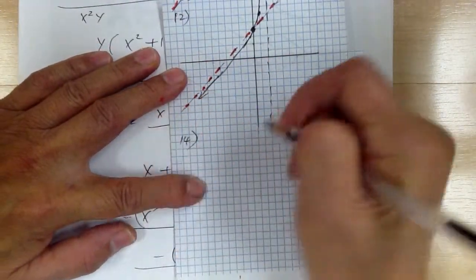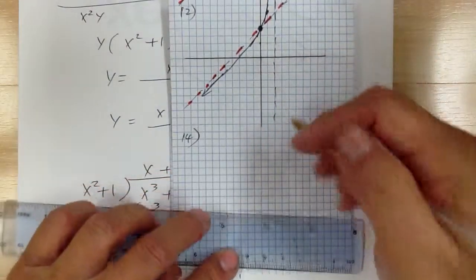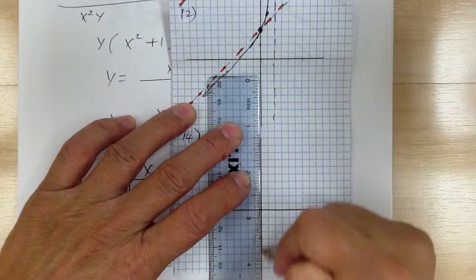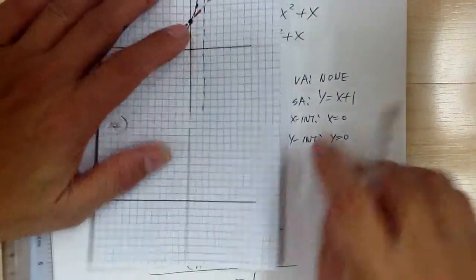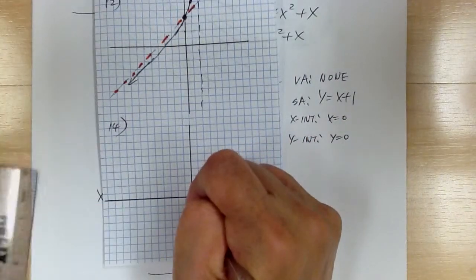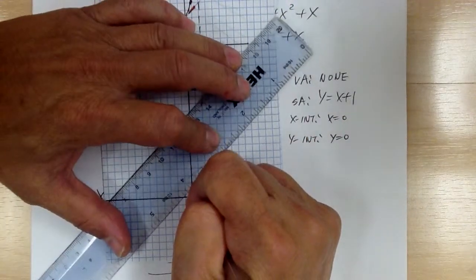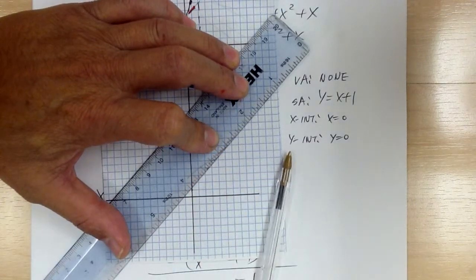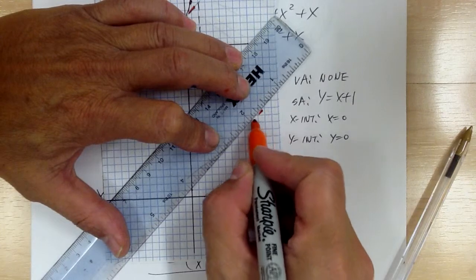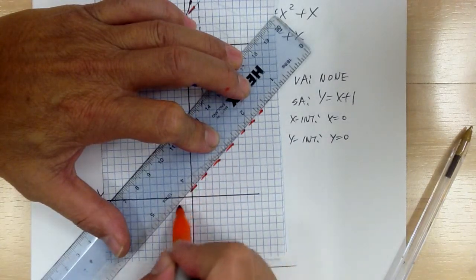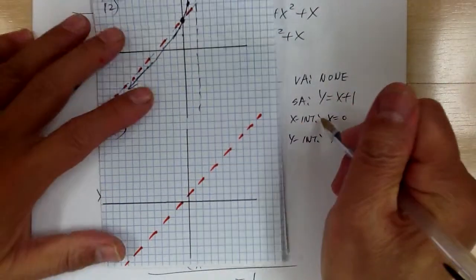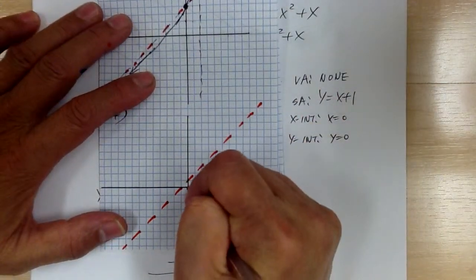Okay, so number 14. No vertical asymptote, slant asymptote is y equal to x plus 1, so it would be like this over here. And x-intercept is 0, y-intercept is 0, so it goes right over here.